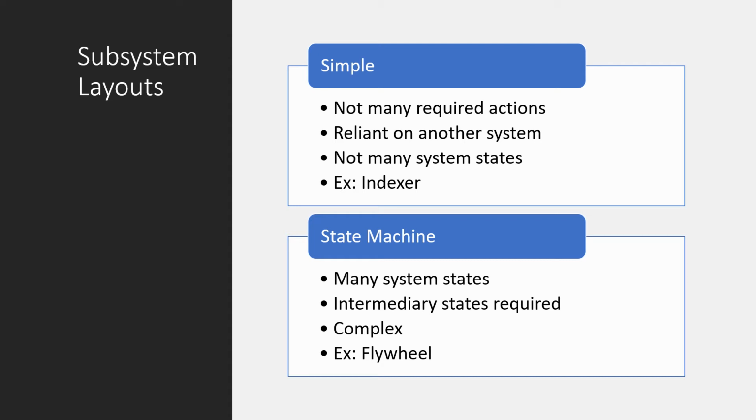Well, the flywheel can't automatically go from not moving to up to speed. So you would have a spinning up state or an aiming state, where it would have to cross through multiple states to get to the final state. And by looking at the program, you'll get a sense of what I mean when I say that.